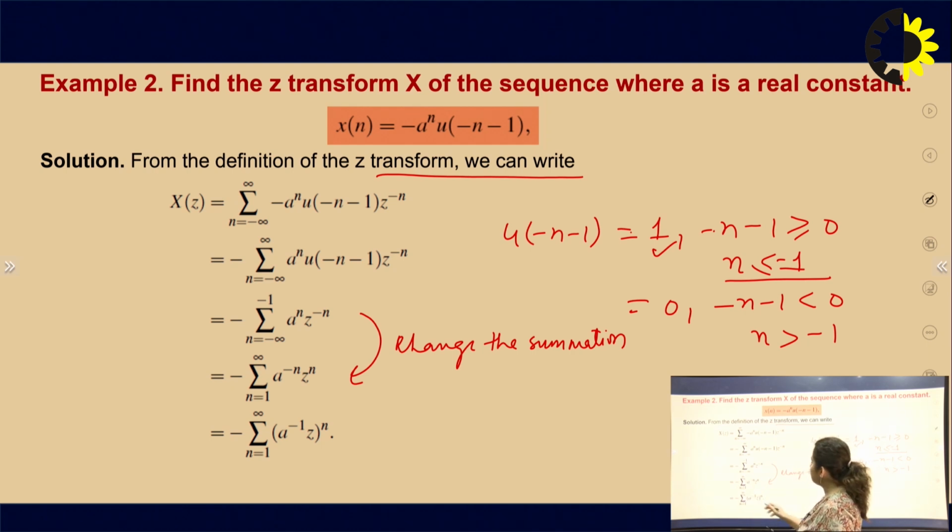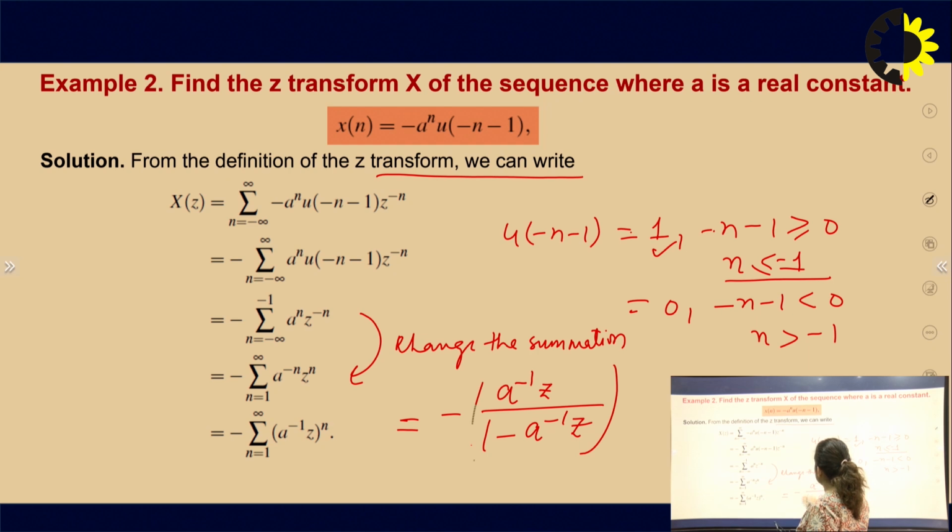When you solve this, you will get the sum from n equals 1 to infinity of a to the power minus 1, z to the power n, and we solve this with a minus sign. For n equals 1, the first term is a inverse z upon 1 minus a inverse z.